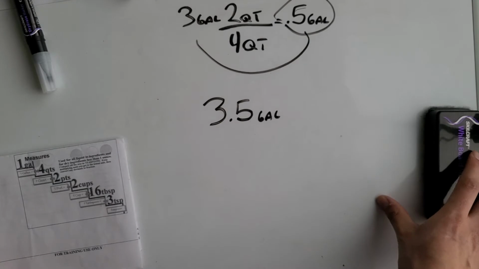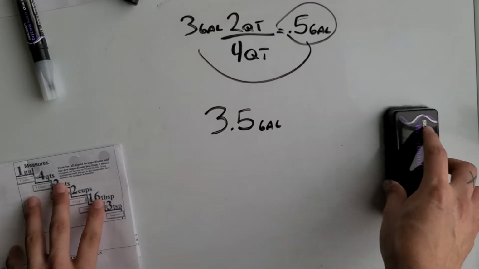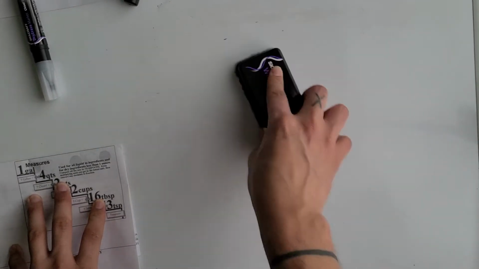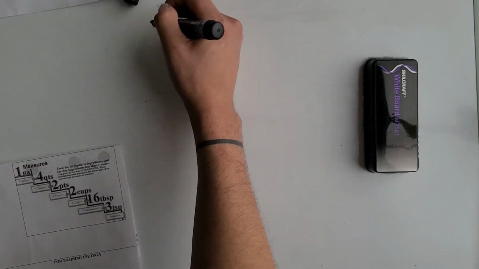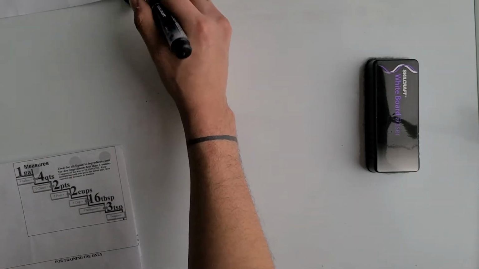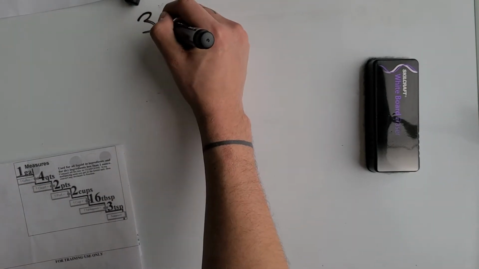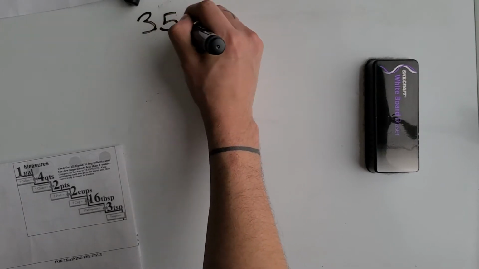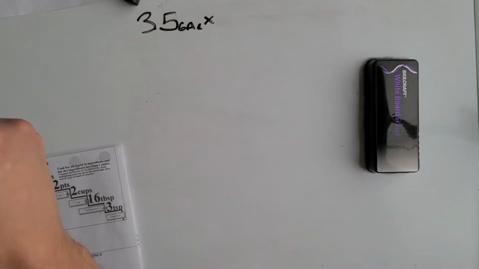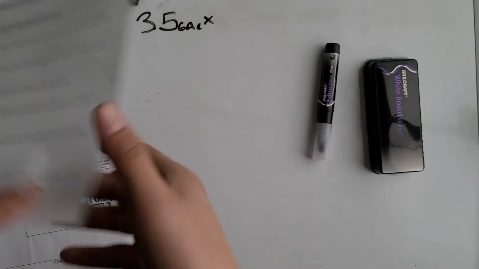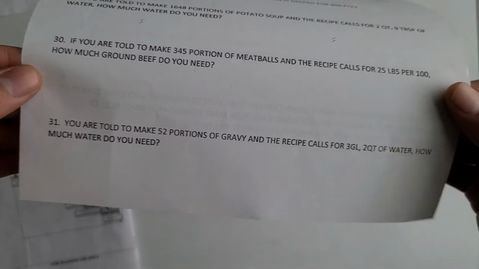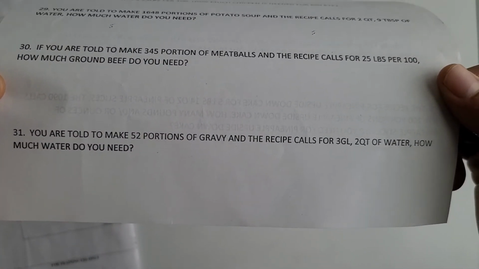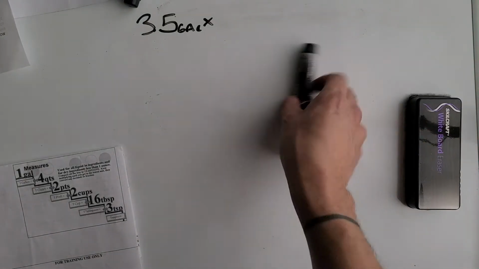So next, we have to find our working factor. You got your 3.5 gallons, and then we're going to multiply it by a working factor. The problem says you are told to make 52 portions of gravy, so that's our portions to prepare, 52.